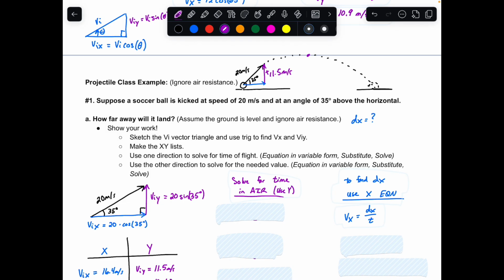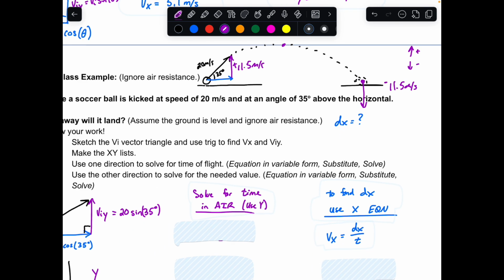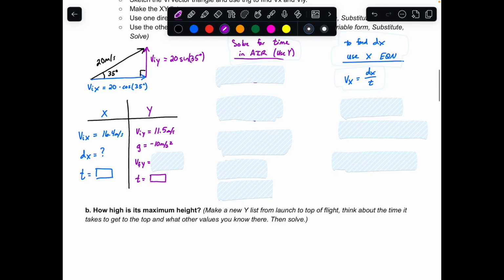At the very top, it's zero, but then right before it hits the ground, it will have the exact amount that it had in the beginning, so 11.5 meters per second, but pointing in the opposite direction. Remember, if we say up is positive, that means down is negative, so this must be a negative 11.5. So I can put that into my chart, and now I know another value that will help me solve for time. I know the acceleration is negative. I know the final velocity is a negative 11.5.